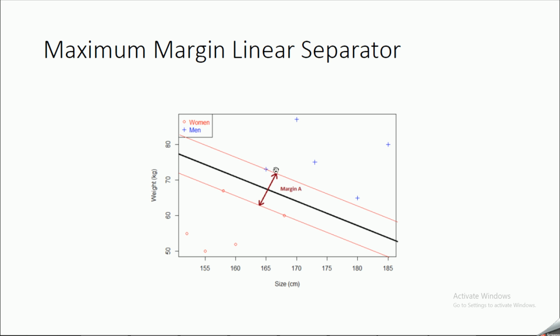And on either side of the separating hyperplane, we have these points: red for women and blue for men. The data points which are lying on this margin are closest to the optimal separating hyperplane, and that is why they are called support vectors.